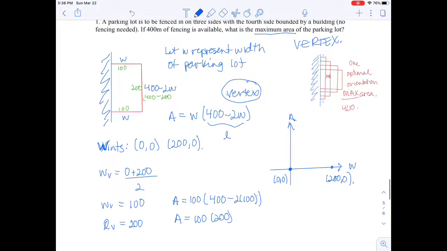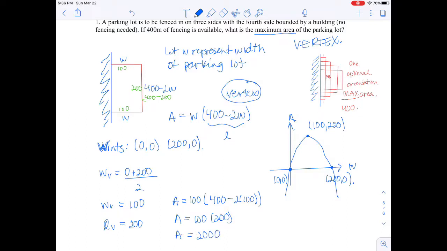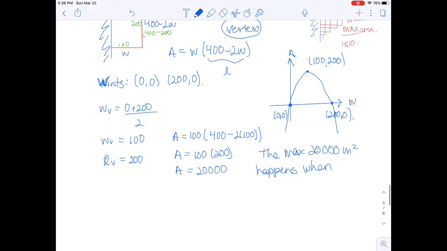If I were to plot that, it would be somewhere here, and this parabola is facing downwards. So our maximum area here is 20,000 meters squared, and it happens when the width is 100 meters and the length is 200 meters.